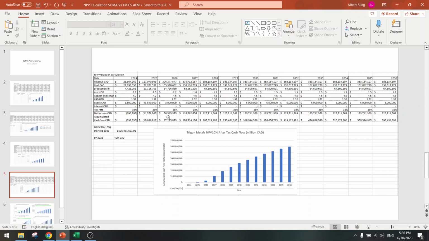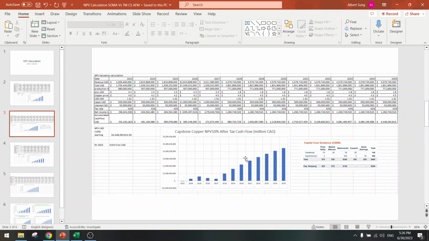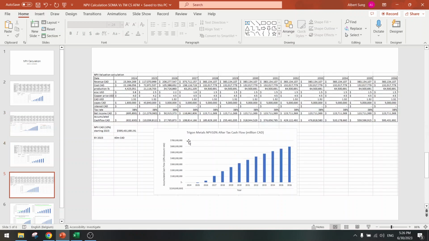It matches. So why is this growing so fast? Why is this so much better than Capstone Copper, where we are completely overvalued at this point? So I don't understand why this company is still at 40 million, while this is going to be a 500 million company in the future.